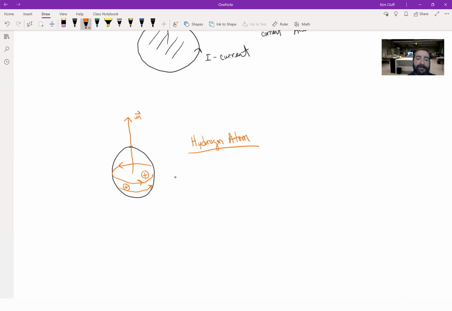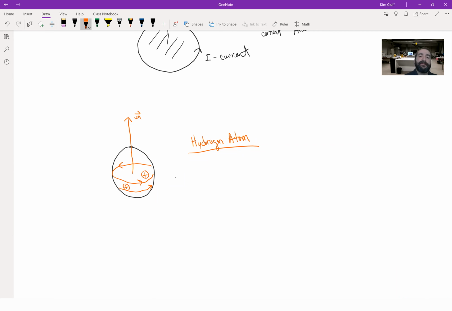The sun is spinning and it has charge on its surface, and it also produces a very powerful magnetic field. Almost all the planets have a magnetic field, by the way. But even if you go down to something as small as the hydrogen atoms in our body, any atom that has a charge and is spinning will produce its own small magnetic moment.